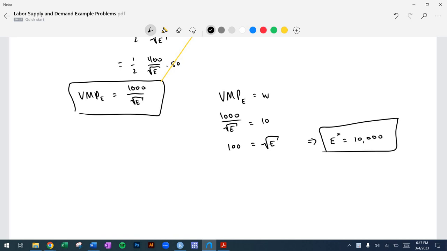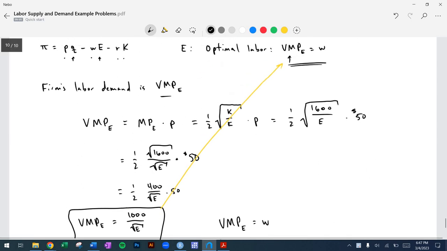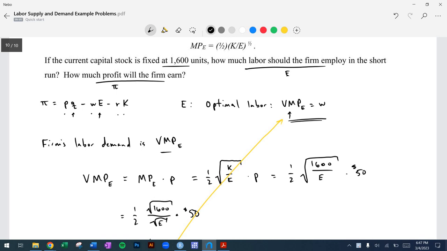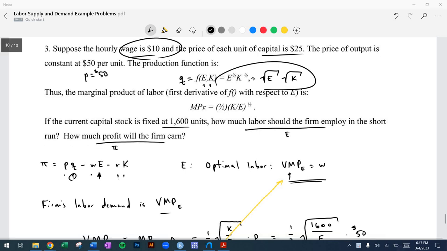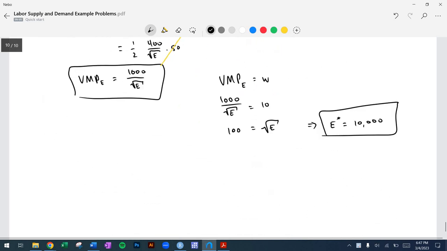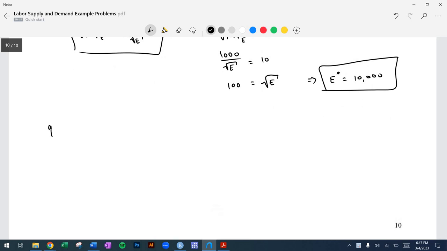We're almost there. We have employment, and we'll be able to plug that in here. We have rental rate of capital, wage, employment, and the last thing we'll have to do to solve this profit function is look at Q, output, which we can now solve because we have E. So Q, output, is equal to the square root of employment times the square root of the capital stock.